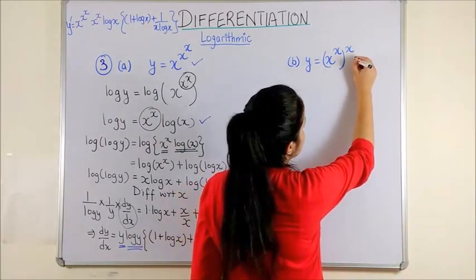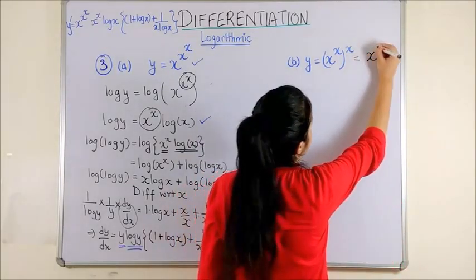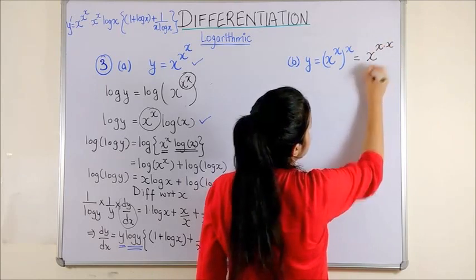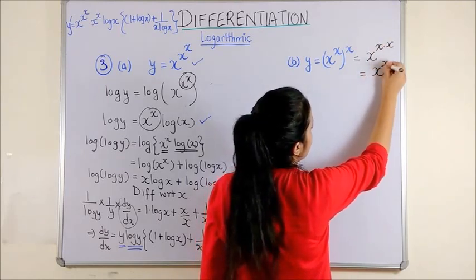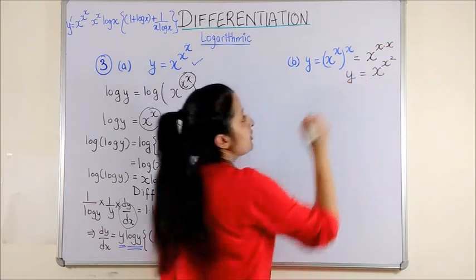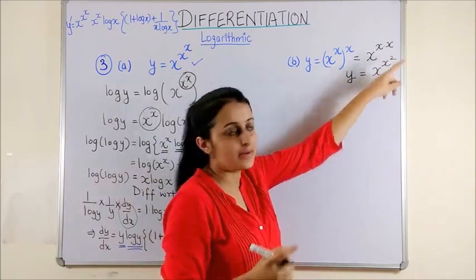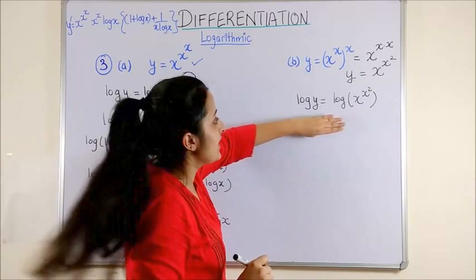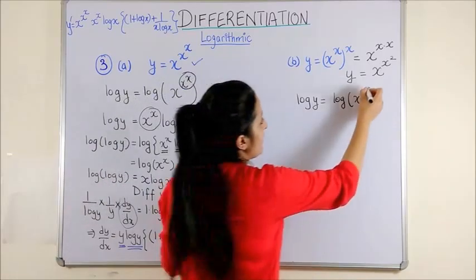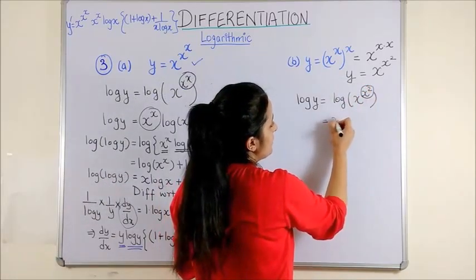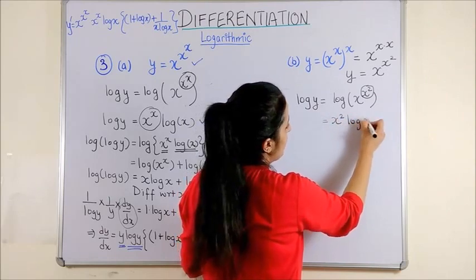Now you see, it is the same as saying x raised to power x into x, which is x raised to power x square. So your question gets transformed to y is equal to x raised to power x square. Now taking log on both sides, this is what we get. Once again, this x square comes out as x square log of x.